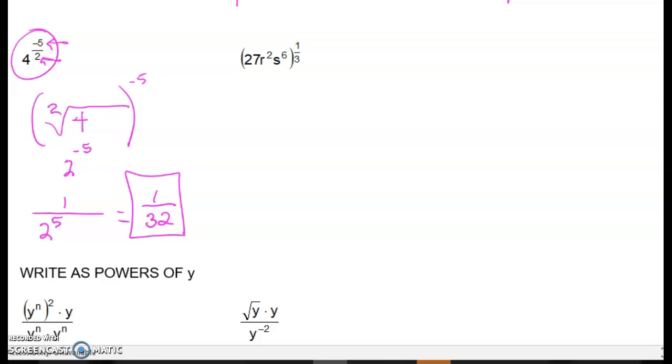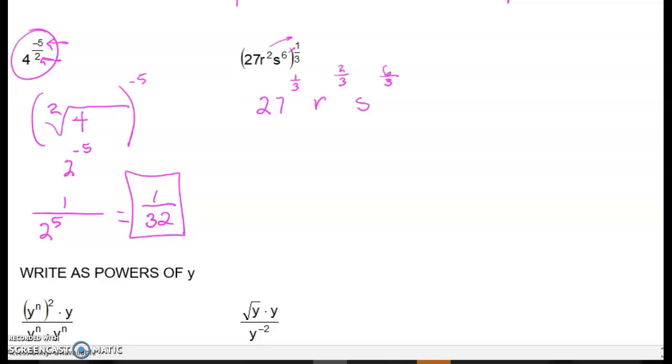The next one, we have the cube root of all of these. The cube root, well, let me just do this. 27 to the 1/3, that would be r squared to the 1/3. So I'm going to multiply these two. That would give me 2/3. s to the, I'm going to multiply these two. 6 times 1/3 would be 6/3.